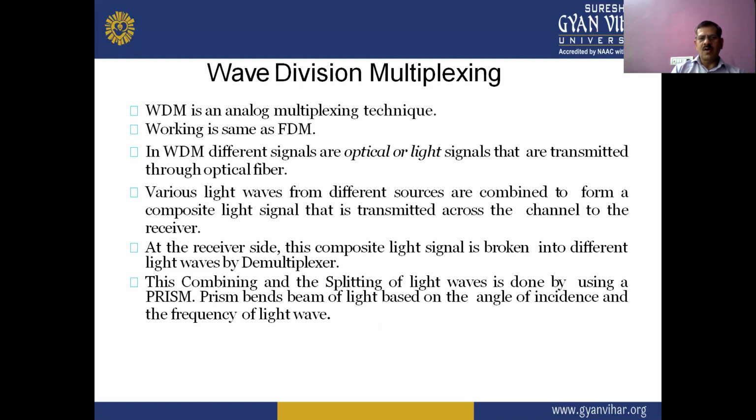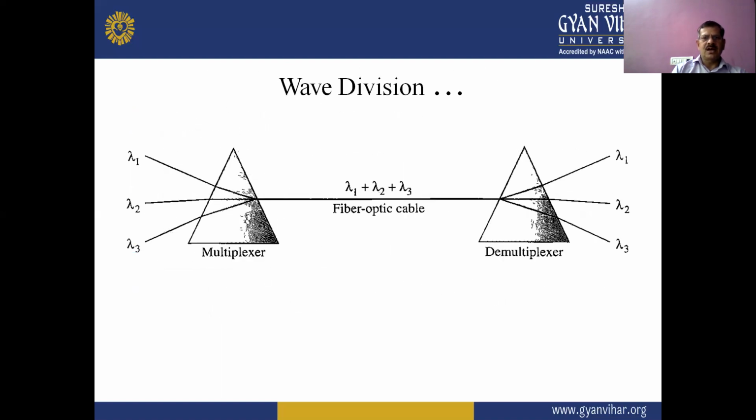A prism bends a beam of light based on the angle of incidence and the frequency of the light wave. So this splitting of light waves is done by the prism, which can be seen in this diagram.